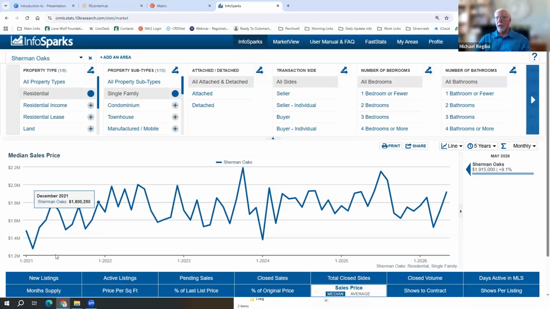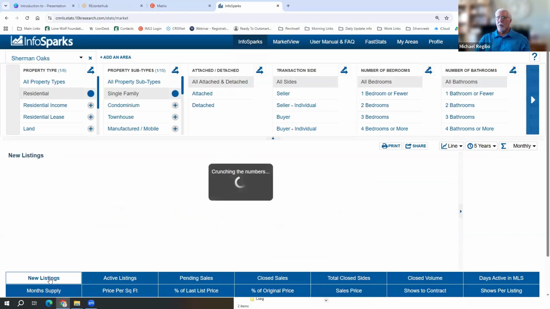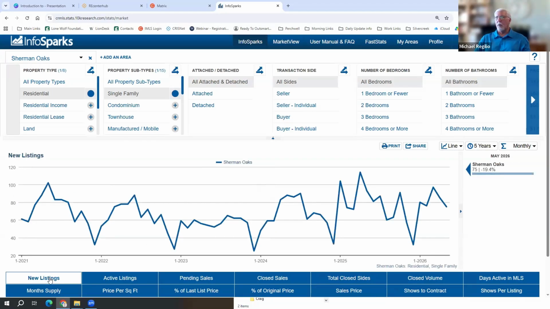The options that we have, first one here, is how many new listings came on the market, single family homes in Sherman Oaks. How many came on the market each month? So in May, which is our last month, right? There were 75 new homes that came on the market in Sherman Oaks. So that came down a little bit.